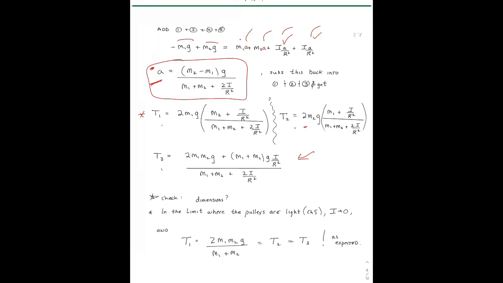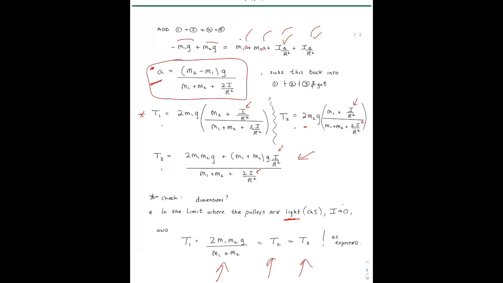So in the limit where the pulleys are light, like the earlier force chapter when the pulleys are just plastic, meaning they have no resistance to rotate, their moments of inertia are 0. If I put in I is 0 right there, that's what I get for all of them.